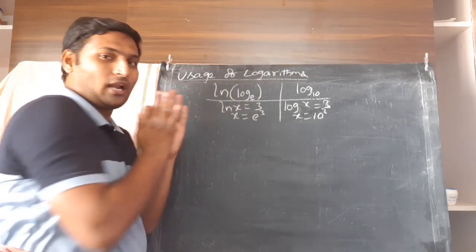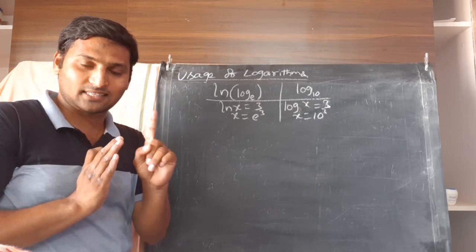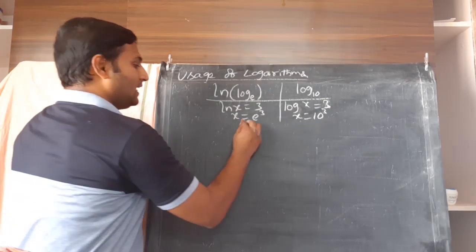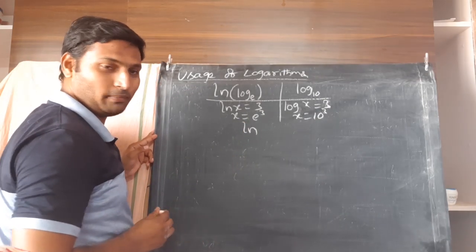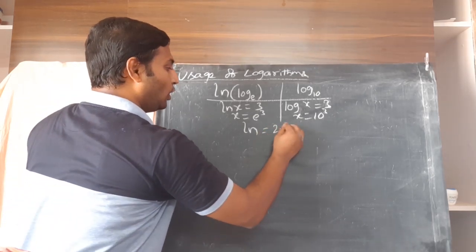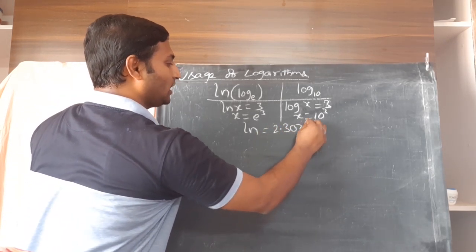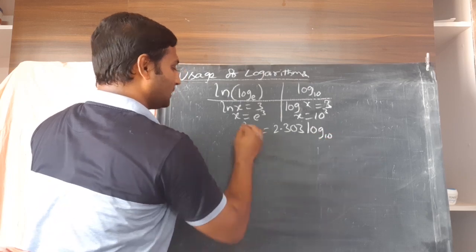Not much about natural logarithms will we worry about, except that natural logarithm, that is log to the base e, is equal to 2.303 into log to the base 10.